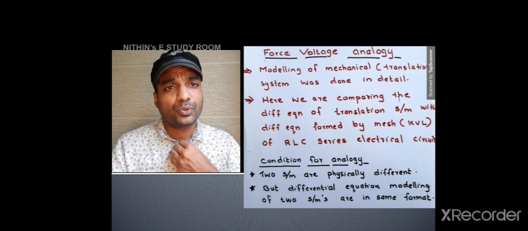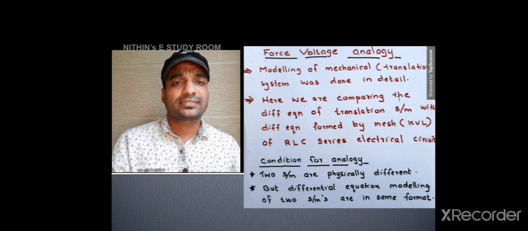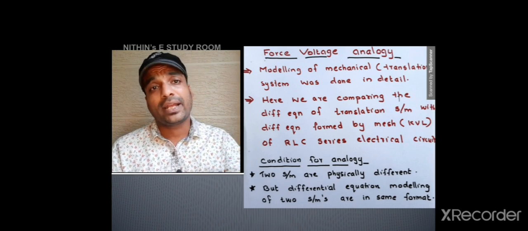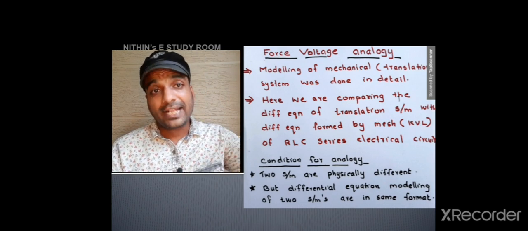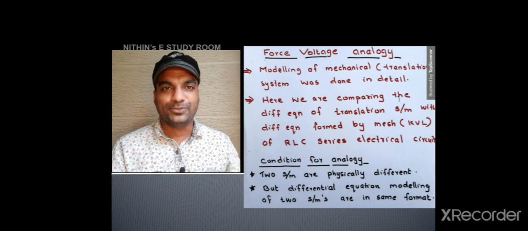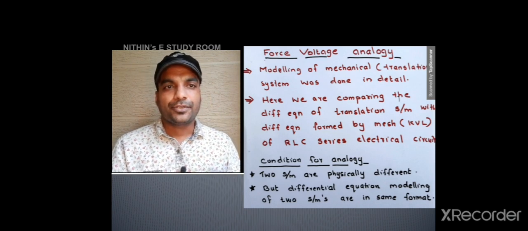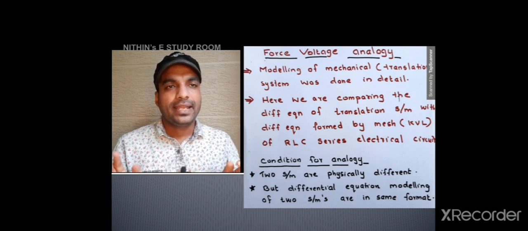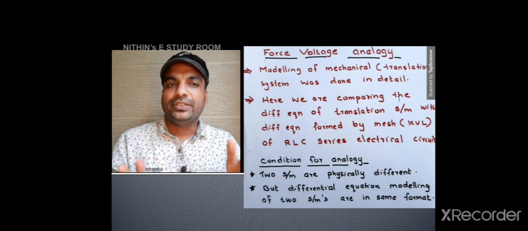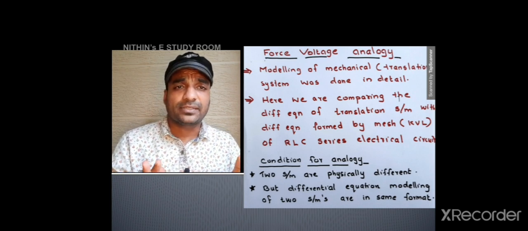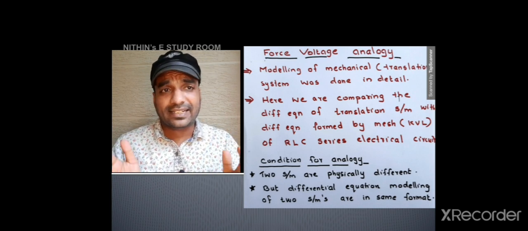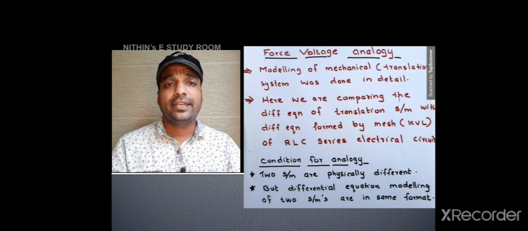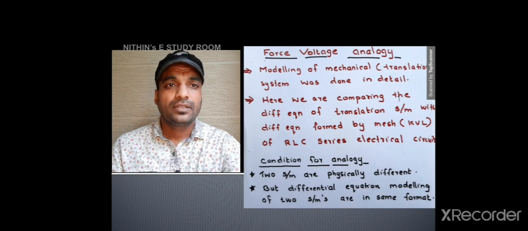In case of a parallel circuit, in the next class, we will be using an RLC parallel circuit, and at that time we will be using a current source. So, it should be very clear, and you should be very thorough about these things. So, we are comparing a mechanical translational system with an RLC series electrical system, and this particular RLC series system is excited by a voltage source. Okay, I am going to the next slide.